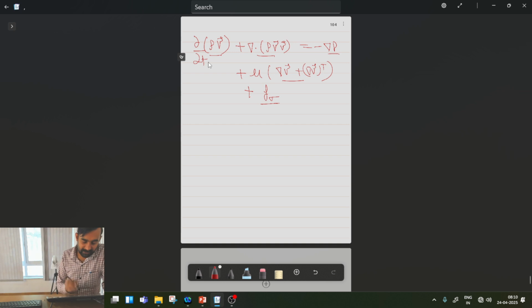But one important feature of this surface tension force is that it only acts at the interface between the two fluids.